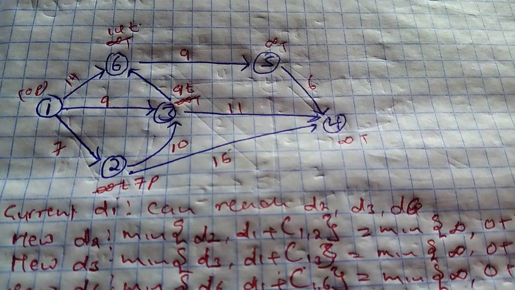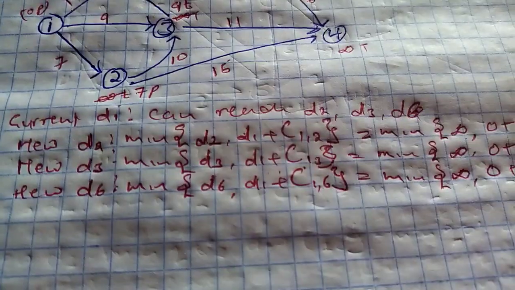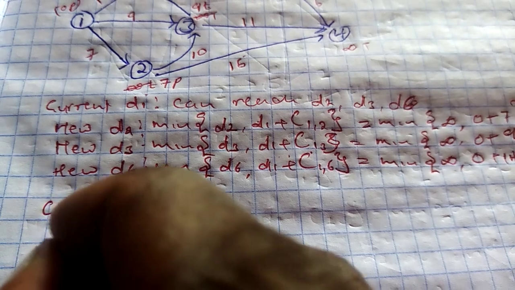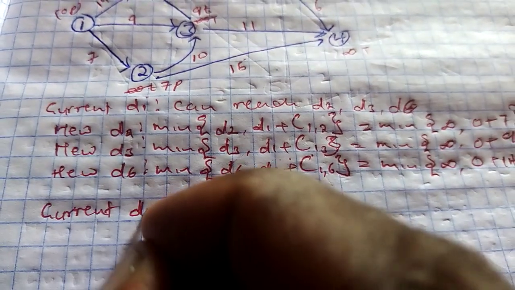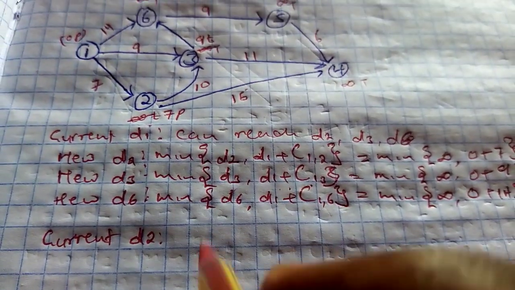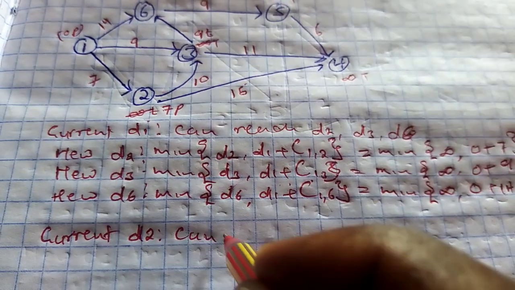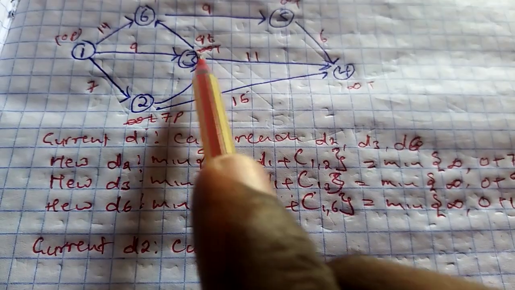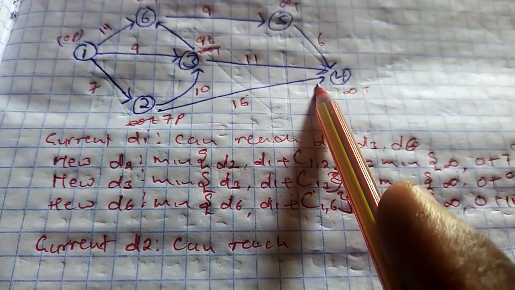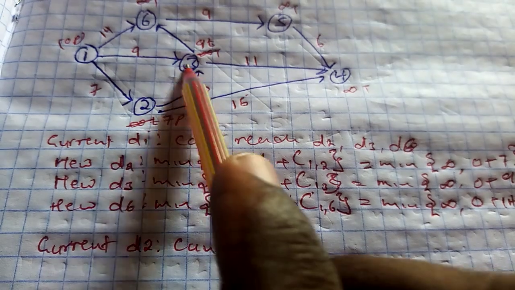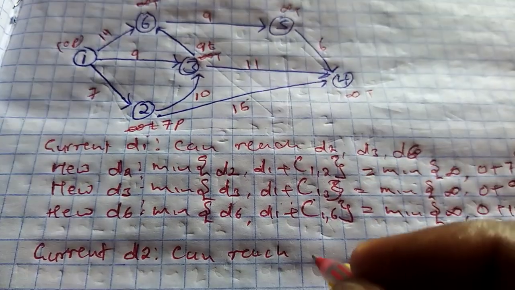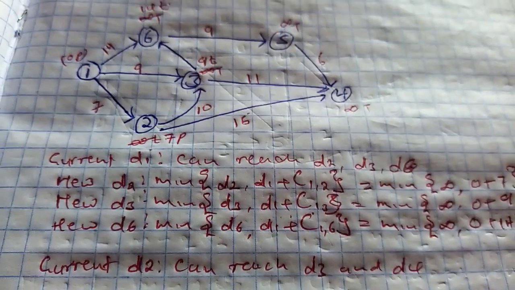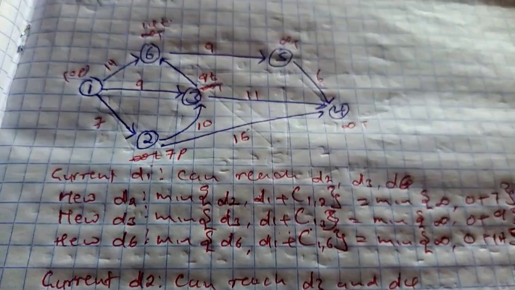Now we have our current as D2. From D2 we can reach D3 and D4.